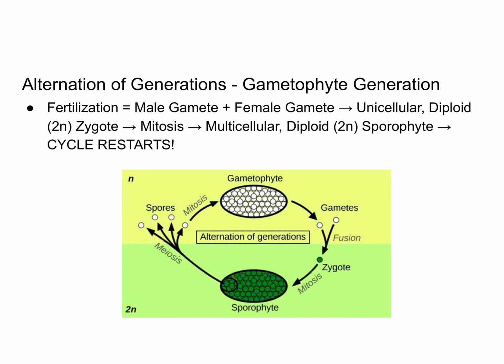On the previous couple of slides, we covered what happens with a sporophyte going through these stages of the alternation of generations. So let's pick up where we left off on the last slide with the gametes coming together. So the gametes can fuse, and fuse is just another word for fertilization.